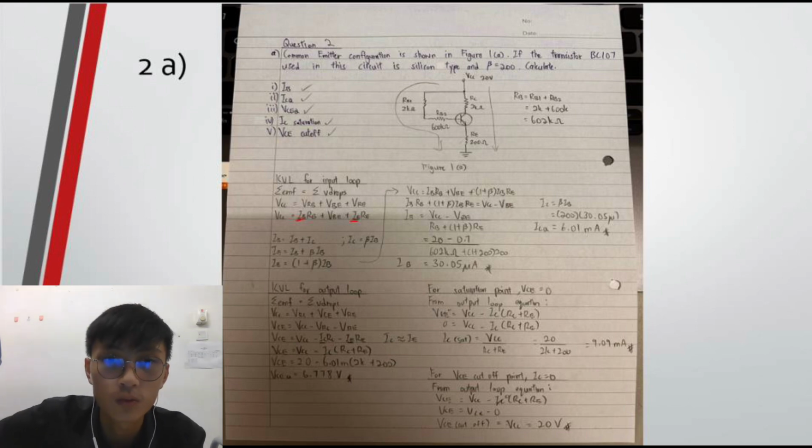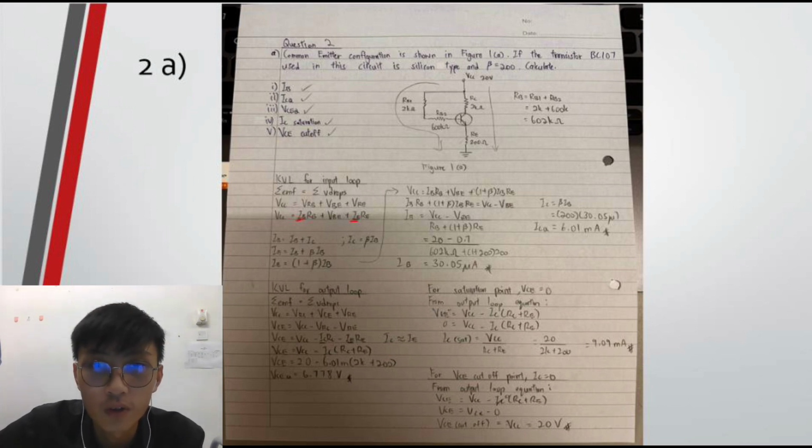So the first step, we want to find the KVL for the input loop. The input loop is here, and then we want to use the formula: summation of EMF equal to summation of V drops.